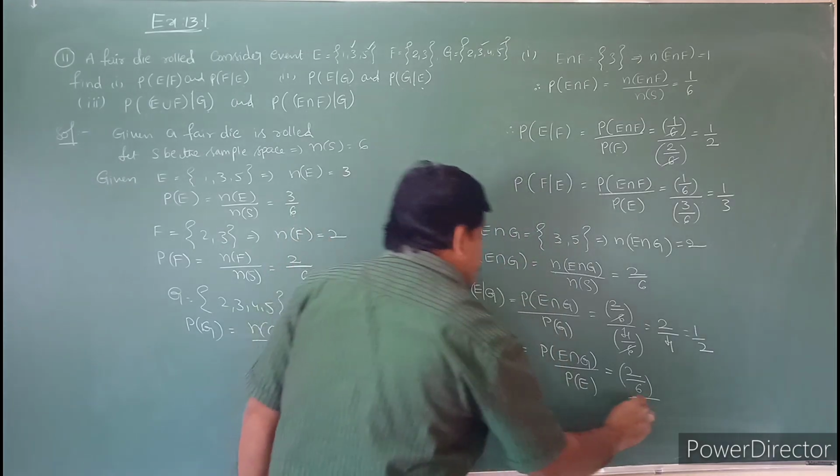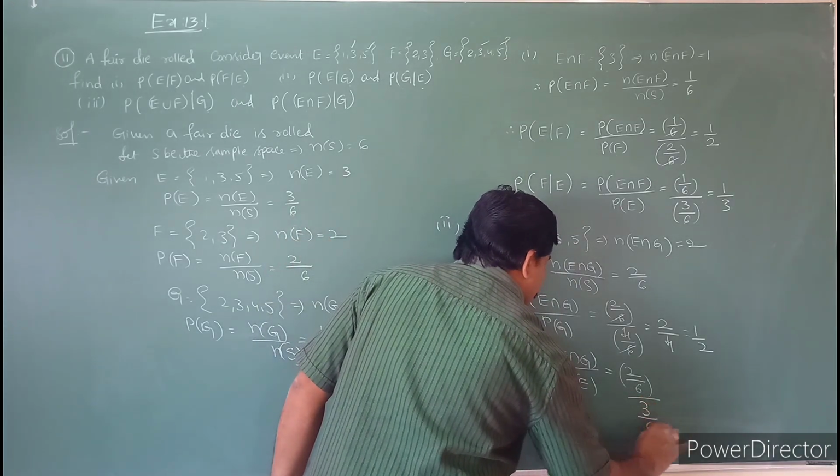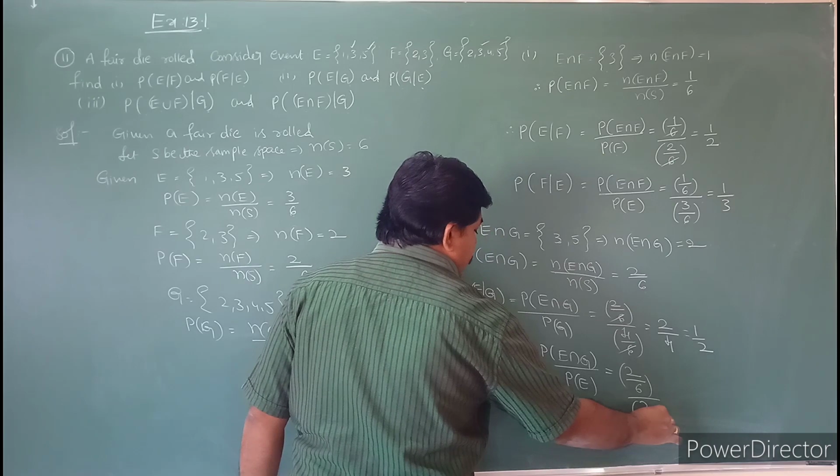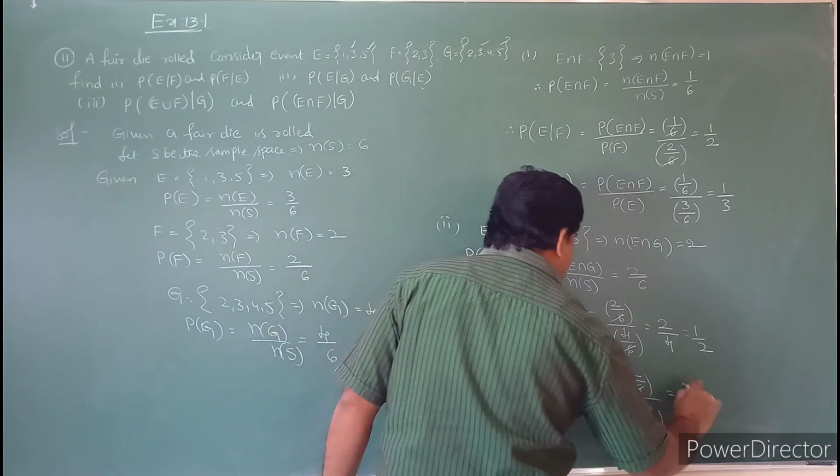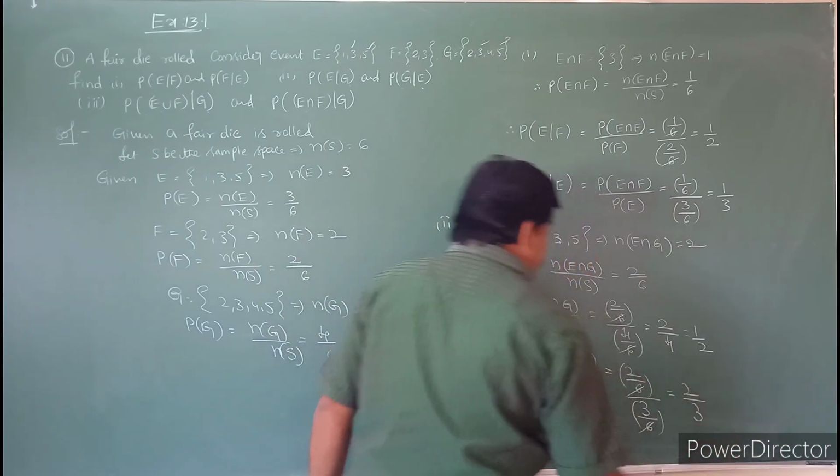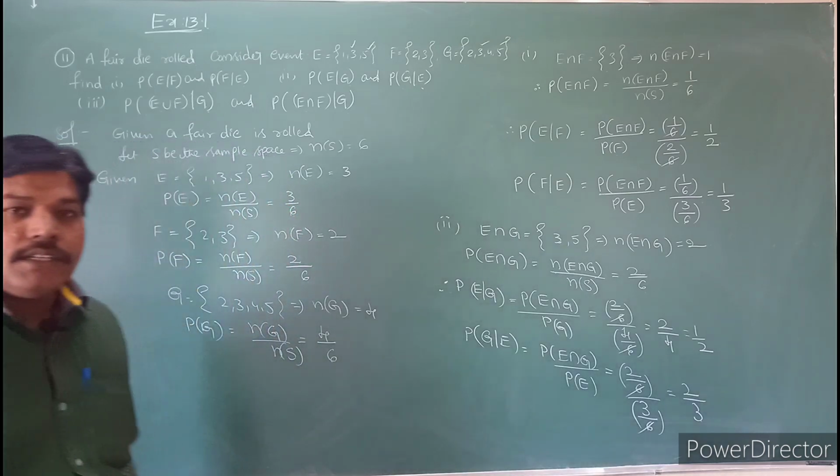It is 3 by 6. So you can cancel the 6, and it becomes 2 by 3.